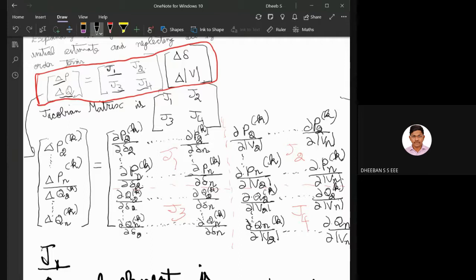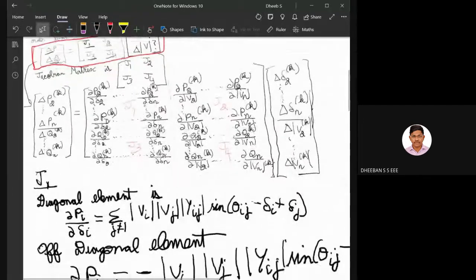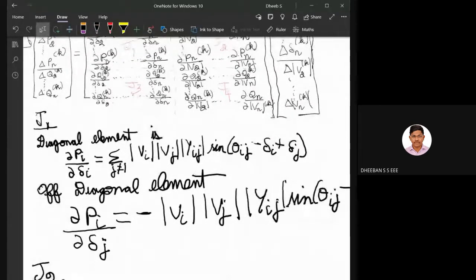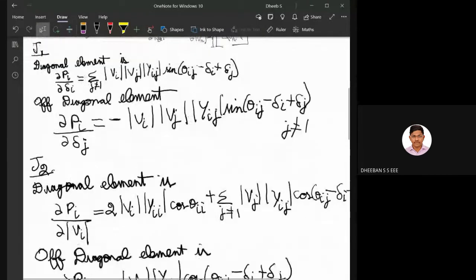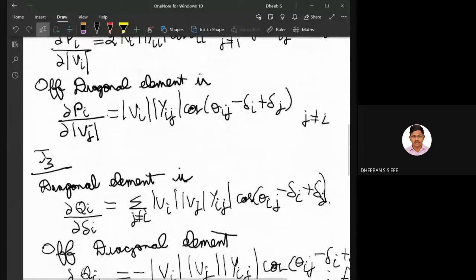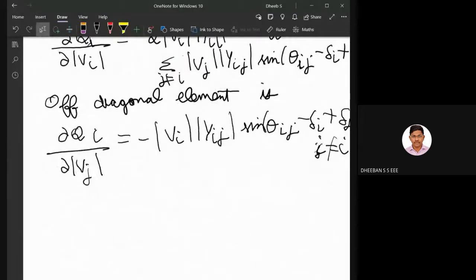In yesterday's class, we saw how to find the Jacobian matrix, which involves two kinds of elements, diagonal elements and off-diagonal elements. We found J1, J2, then moved towards J3, and finally ended up with J4. This is what we saw up to yesterday.